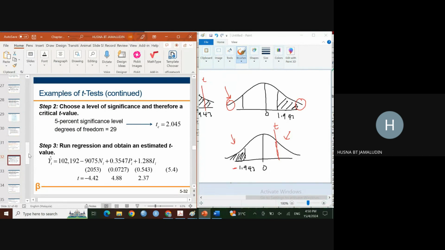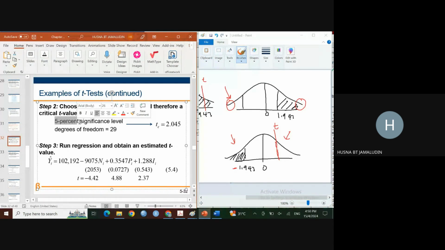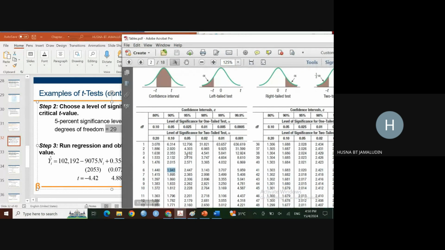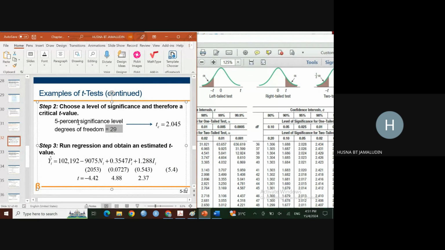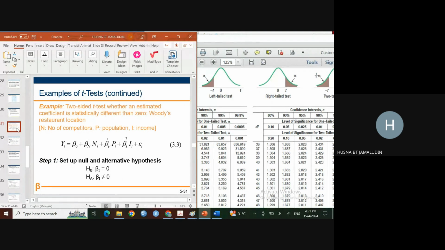This is the same process: choose your alpha and CV. Using 5%, you can also try 1% or 10%, it's up to you. Your degrees of freedom is 29. This is a two-tail test, is it? Yes.